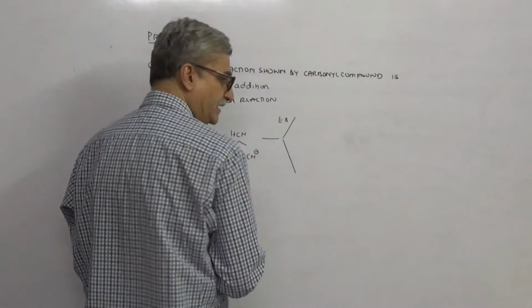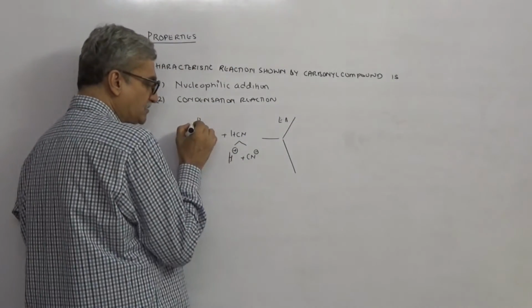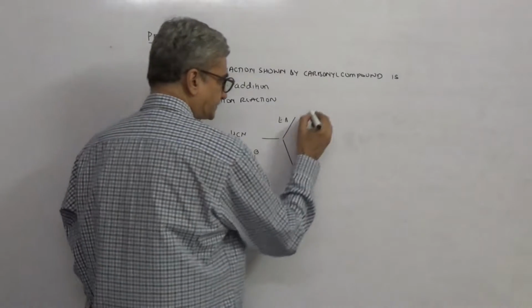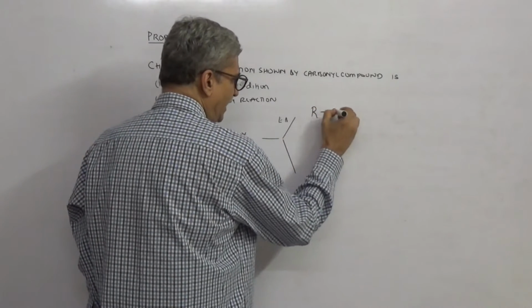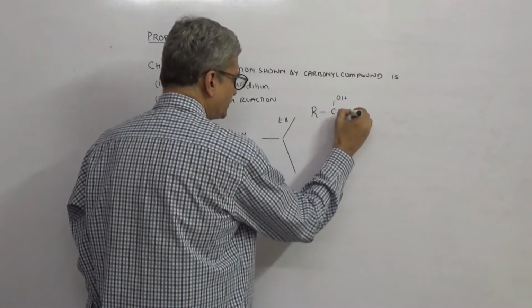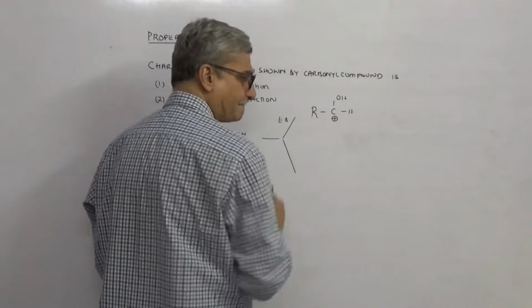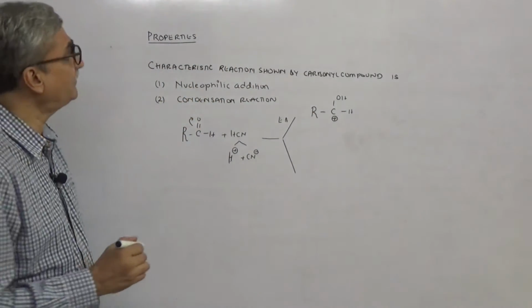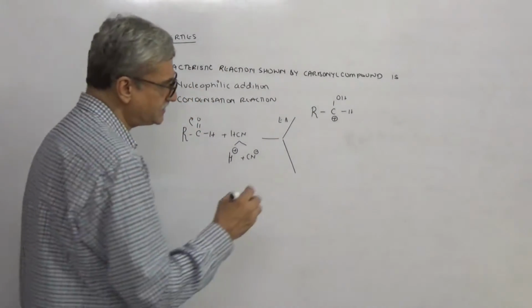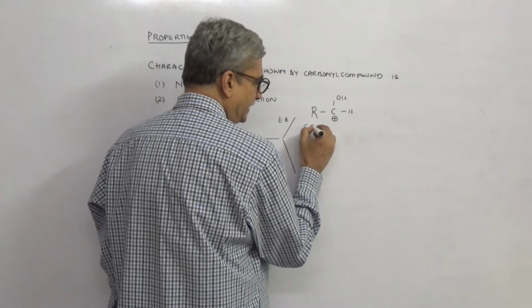First is EA, electrophilic addition. H plus causes a shift in the bonded pair. So you'll have R C O H plus. The result of electrophilic addition is a carbonium ion intermediate.